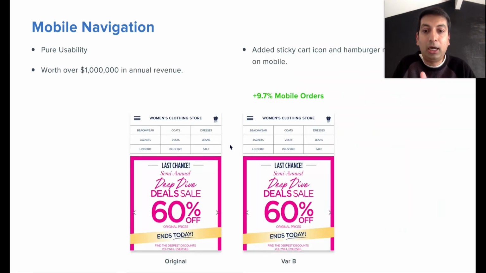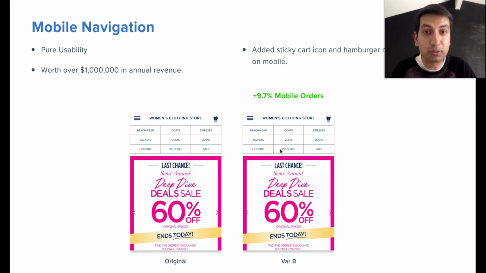Okay. So continuing along that path, mobile navigation, we've also seen certain examples here where on the original, and apologies, on the original, actually, there were no buttons here. Normally, there's a hamburger menu where all of the navigation links exist, and we added these clickable buttons to categories.